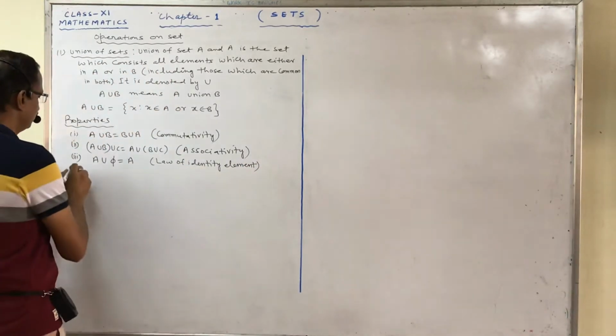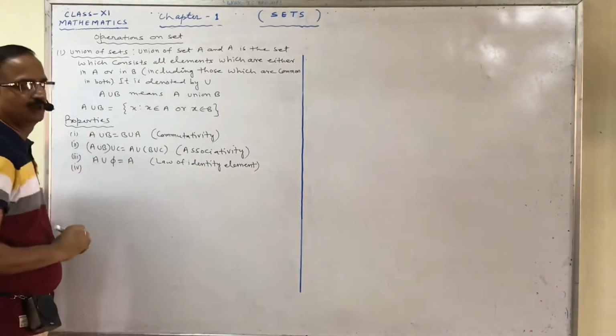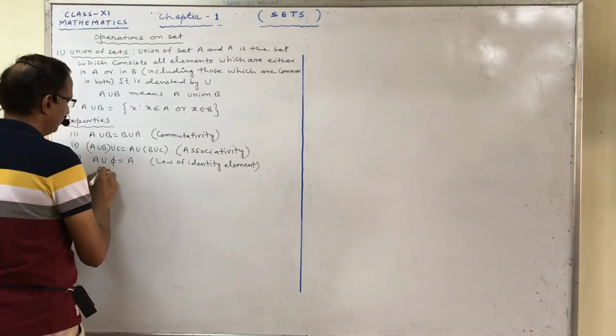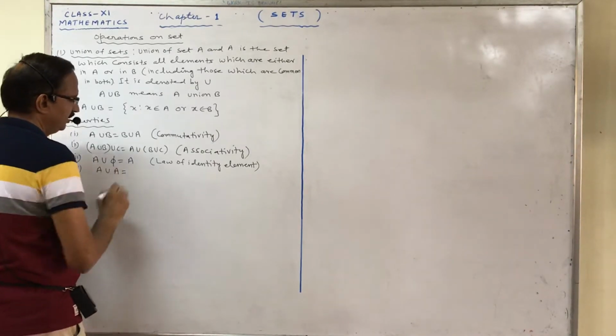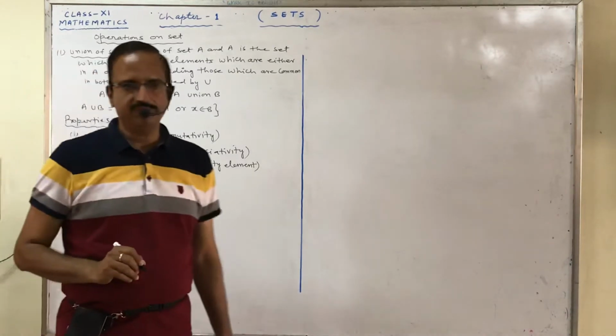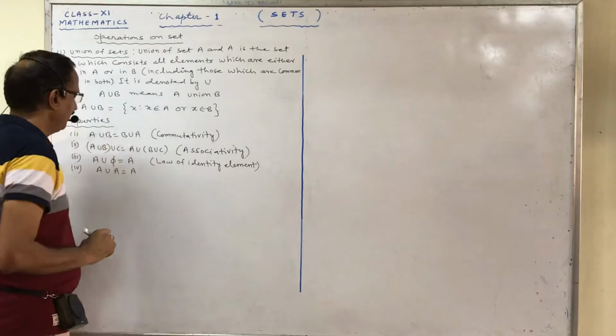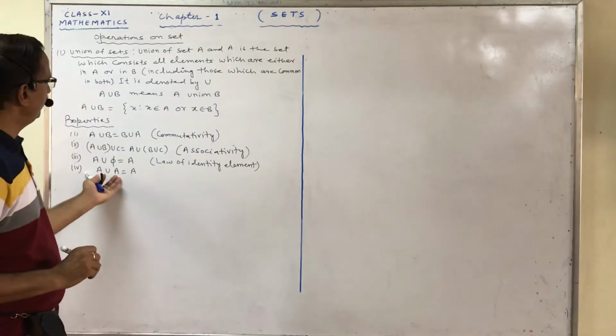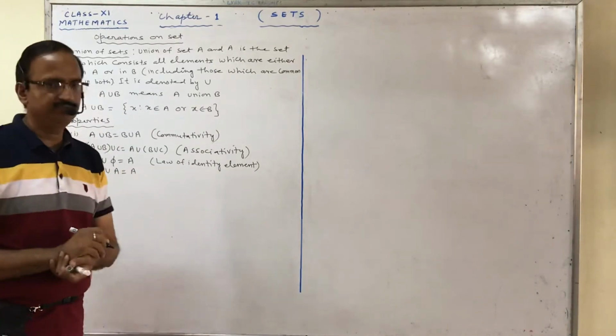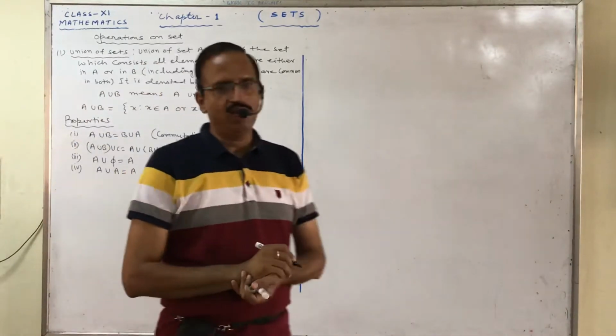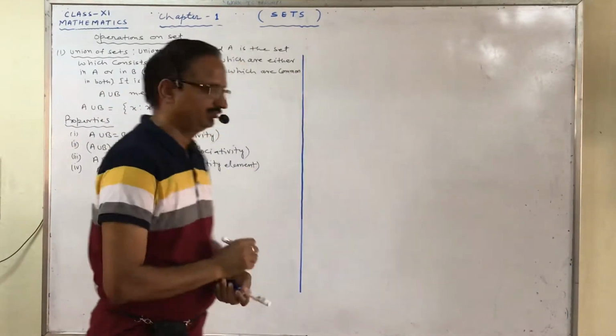Next, A union A. Union of A with A is A. It means union of the same element, and the answer is again the same. This is called idempotent law.